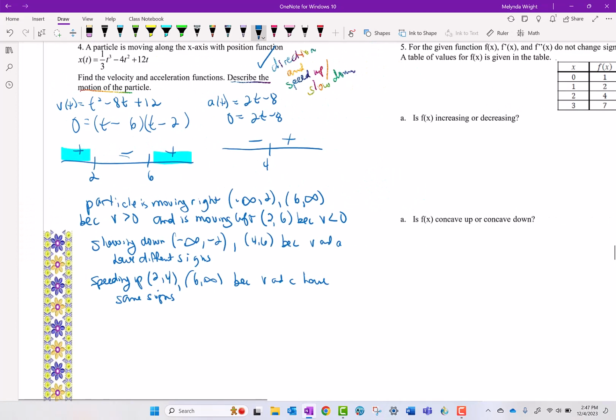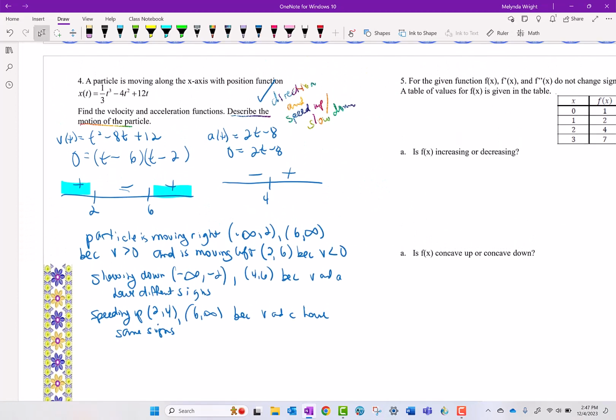All right, and that's describing motion. So we described direction, left and right, and we also described speeding up and slowing down, which forces us to compare velocity and acceleration. And that is the only way you can tell if the particle is speeding up or slowing down, is comparing velocity and acceleration, okay?